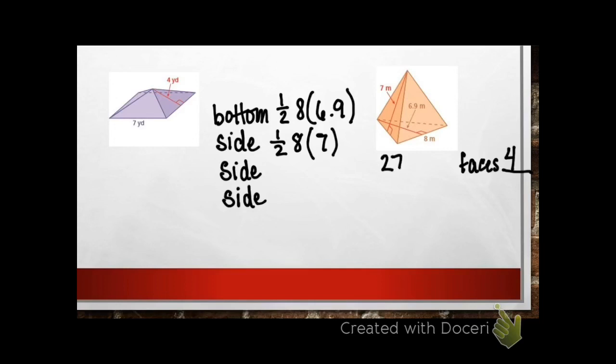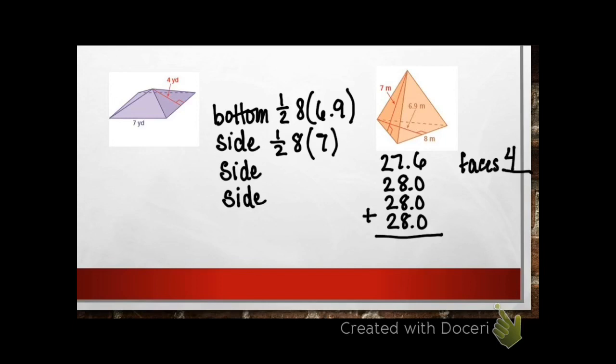Okay, did you get 27.6? Good. And then the next one is 1/2 of 8, which is 4. 4 times 7 is 28. But look at this. Don't forget you have a decimal. Don't forget you have to line it up correctly. It was 28 wholes.